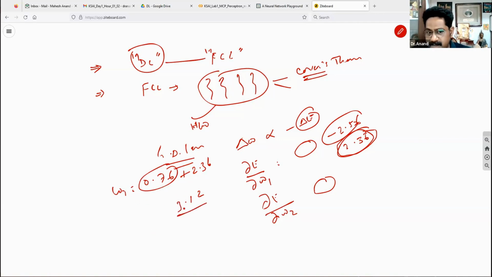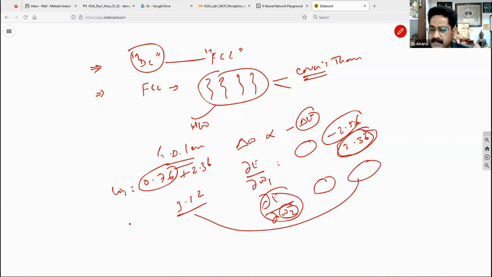So now the updated weight for W1 is 3.12. Similarly, my previous iteration W2, or initially my weight W2, is something else. Using the gradient calculation, we get a value, and this value is going to update the earlier weights. So this is how gradient descent learning learns and updates the weights.